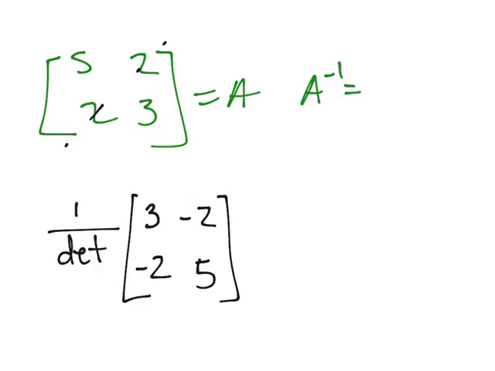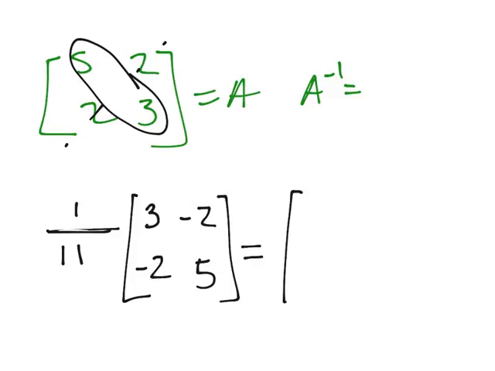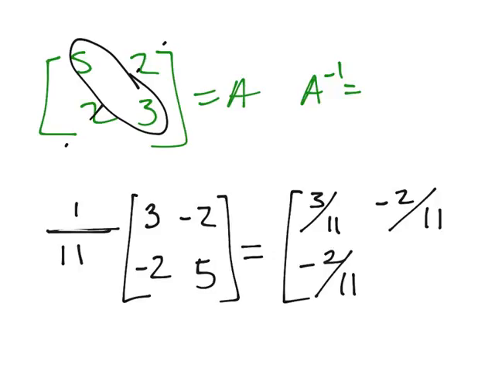And the determinant is 15 minus 4, and that is equal to 11. So we will have an 11 right here. So now this is equal to 3 over 11, negative 2 over 11, negative 2 over 11, and 5 over 11. And this is equal to the inverse.